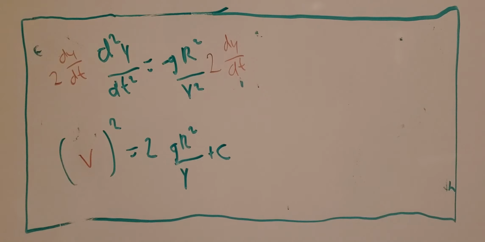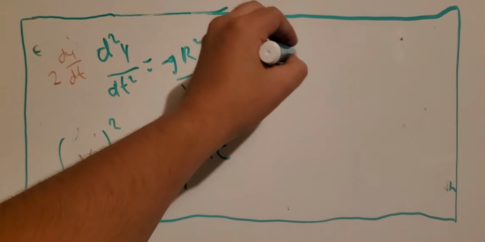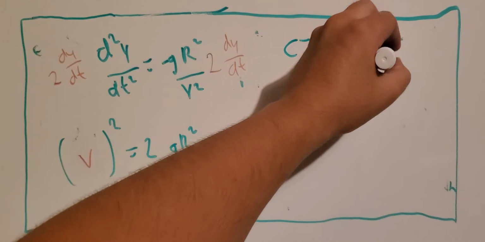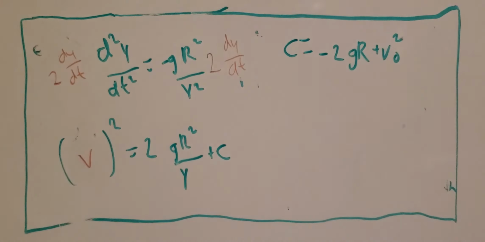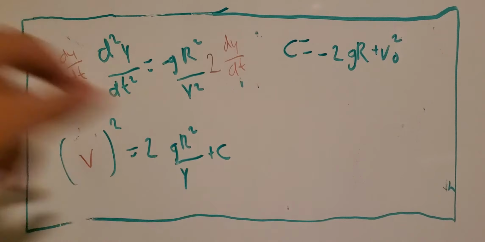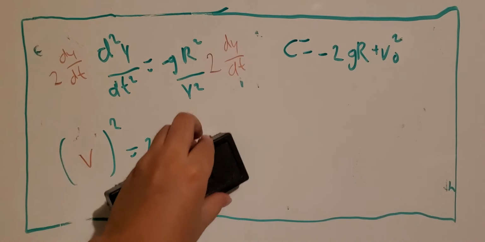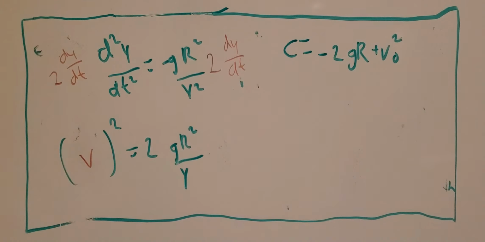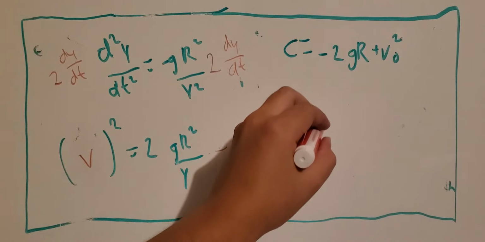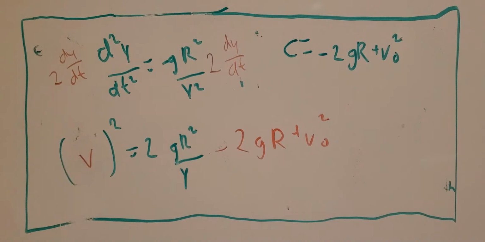And so for the constant, c is equal to negative 2 g r plus v naught squared. So plugging this equation into c, we end up with this: negative 2 g r plus v naught squared. And that is how we get the equation.